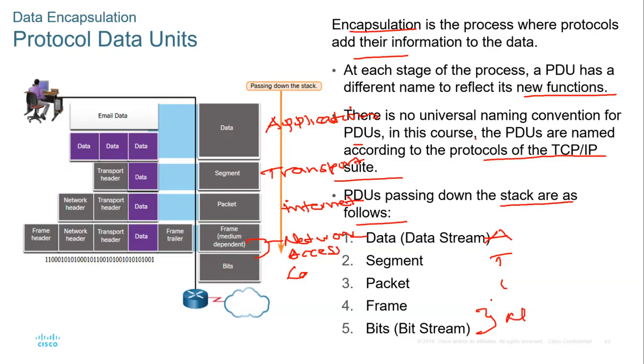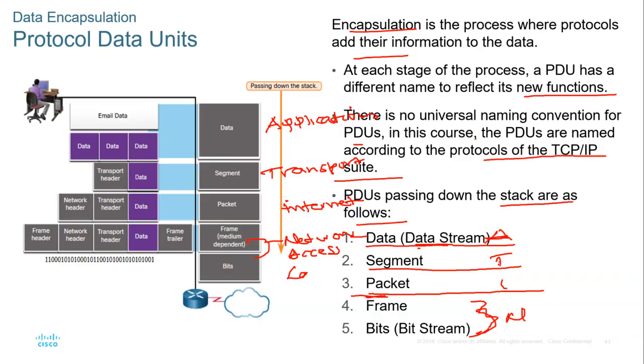That is encapsulation: each layer's protocol has to add its information in the form of a header, for easy description, easy direction, or easy management. At the application, there is the message, and it's going to be segmented. Once it is added with the transport layer, it becomes a segment.